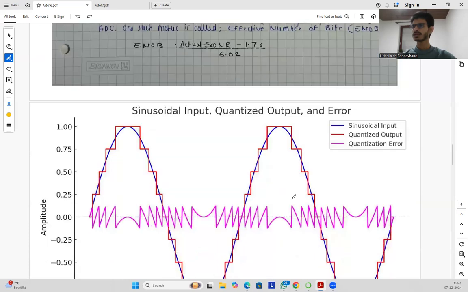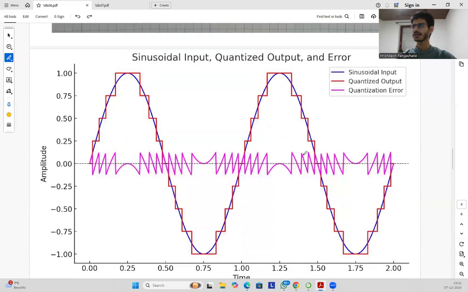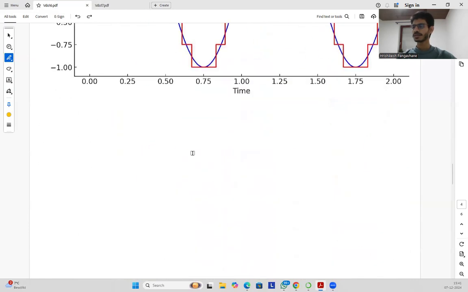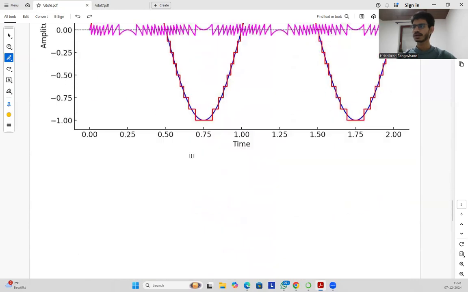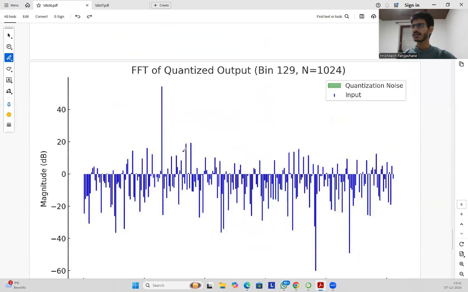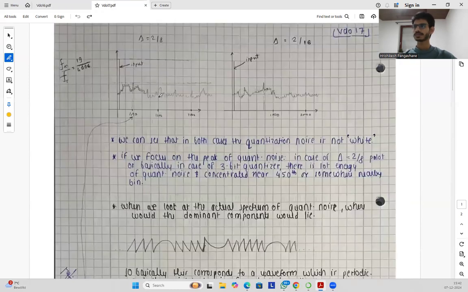So we saw the same idea in graphical form, and I would like to carry forward the same idea. Basically, we saw the FFT of the quantized output. Now again we have two different converters, a 3-bit converter and a 4-bit converter.